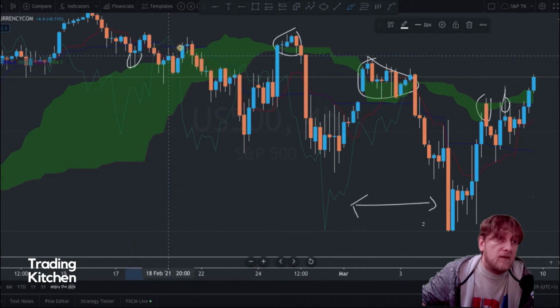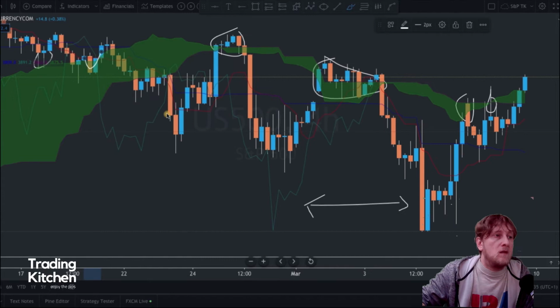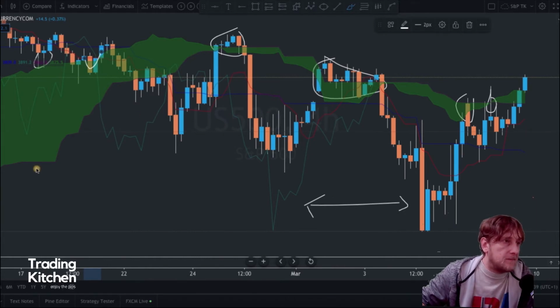Okay, look at this. Okay, so the cloud: the longer the price stays above or below the cloud, the stronger the trend is.